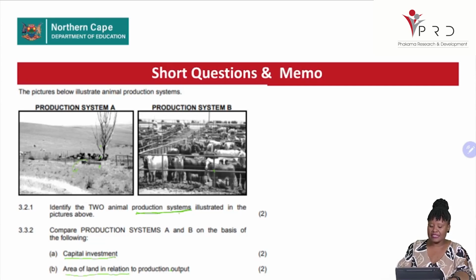A is extensive and B is intensive. How is the capital invested on A? There is less capital invested because animals are feeding on natural pastures. And then when you look at B, there is more capital investment, especially for feeding purposes. Area of land in relation to production output. There is a large area of land. There is less area of land.